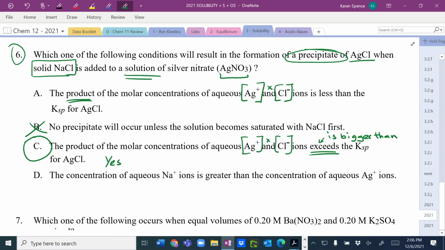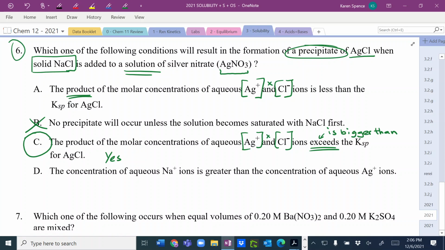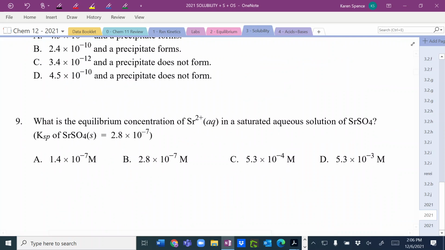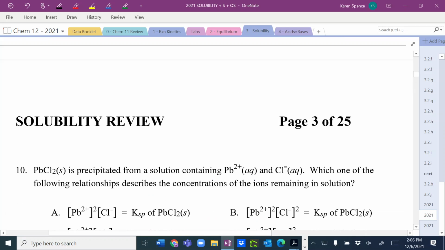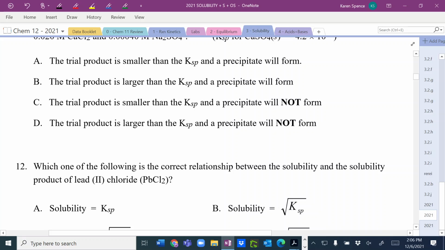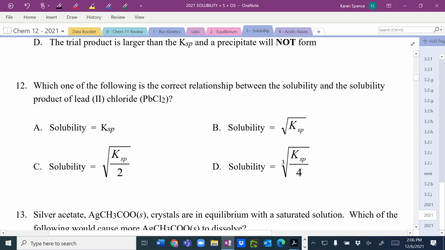Okay, number 12. Which one of the following relationships is the relationship between the solubility, which I'm going to call X, okay, and the solubility product? What is the solubility product?